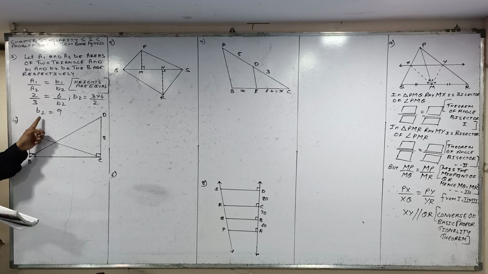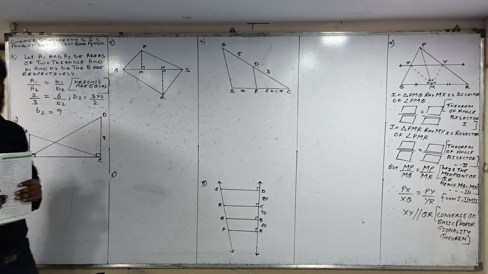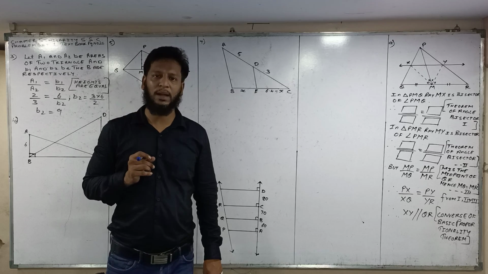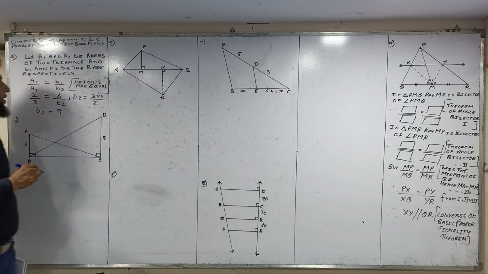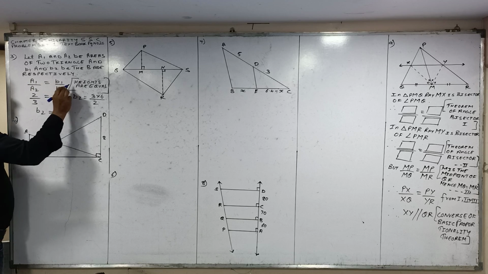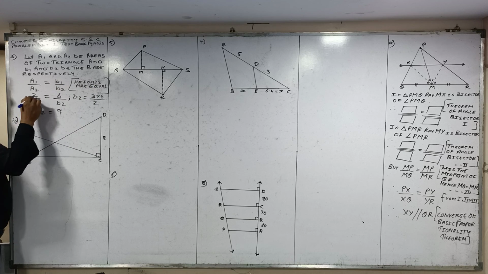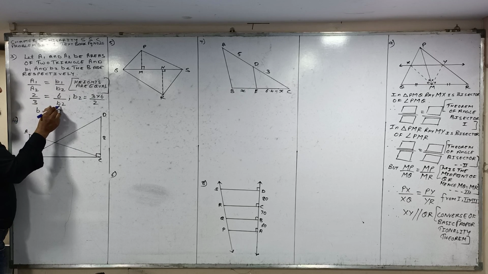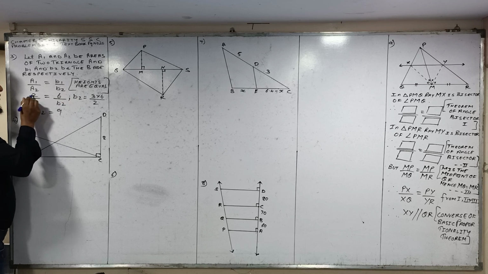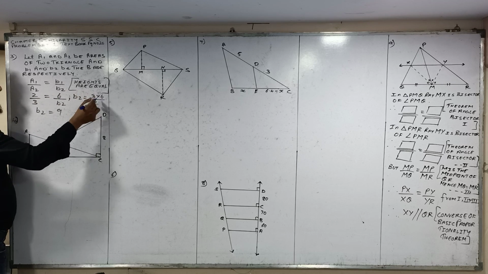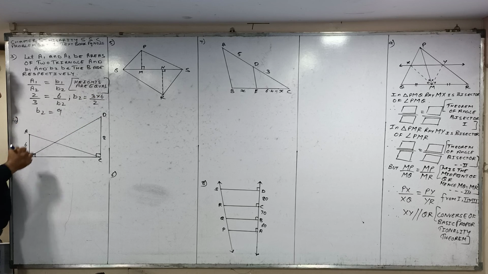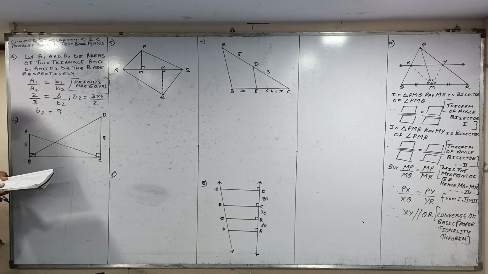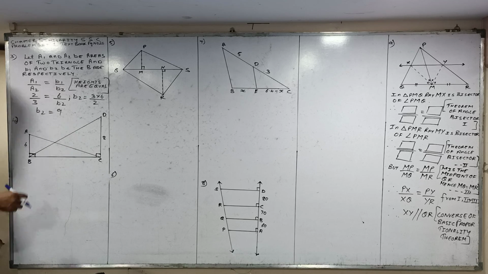When heights are equal, the area is proportional to the base. We cross multiply: 2 comes down and 3 multiplied by 6 is 18, so 2 B2 equals 18, and B2 is 9. So the base of the bigger triangle is 9.